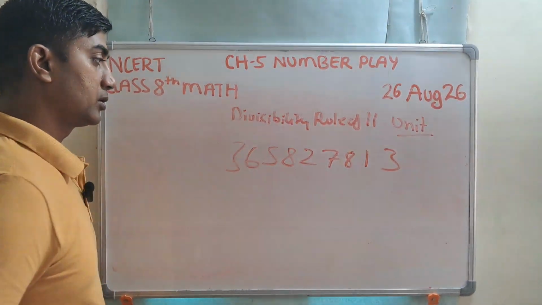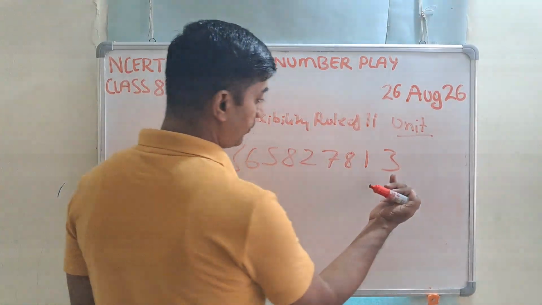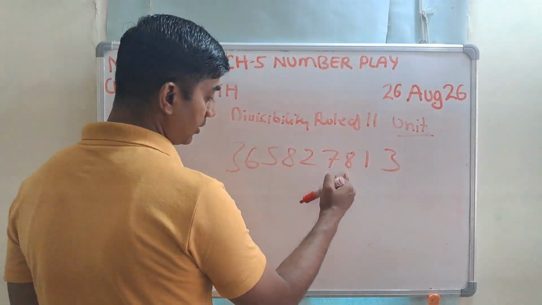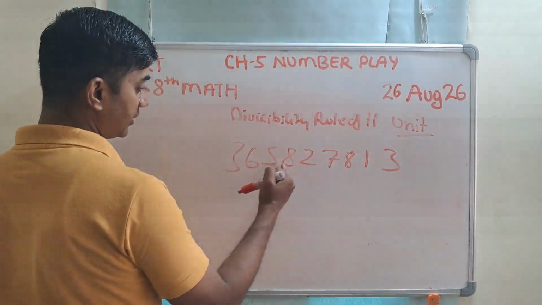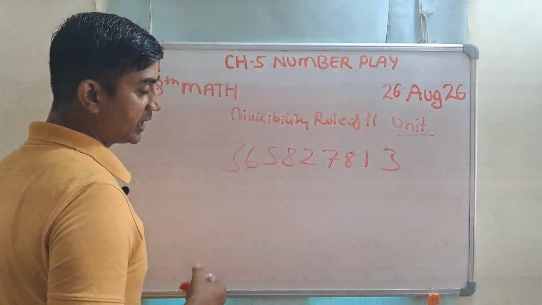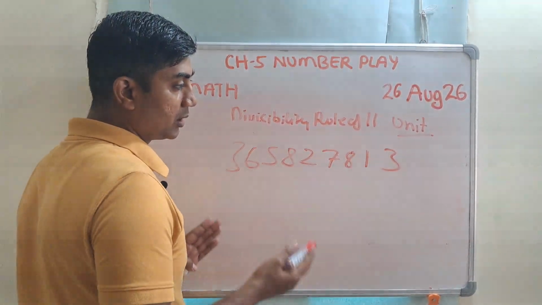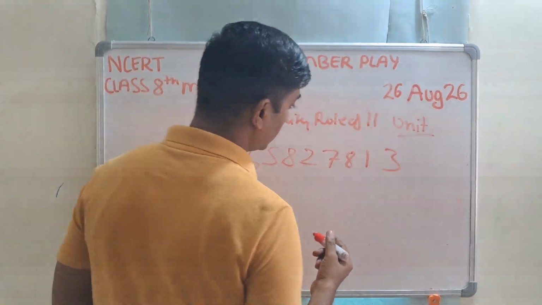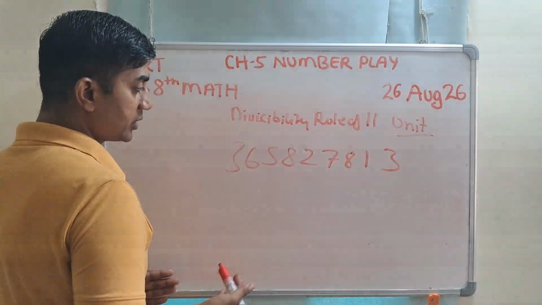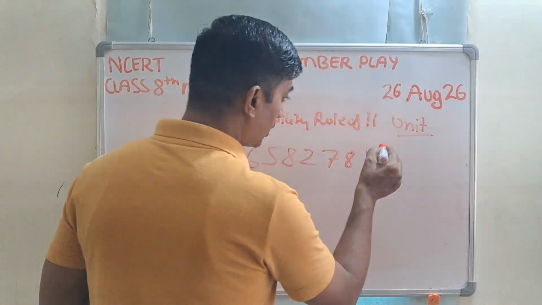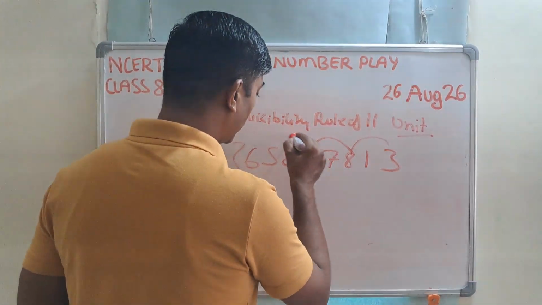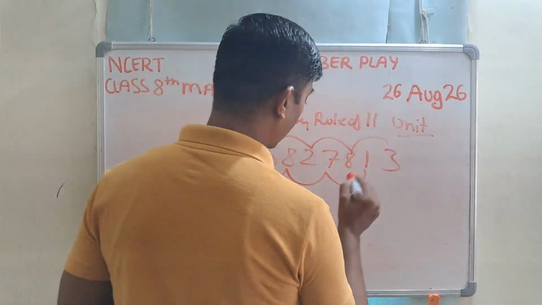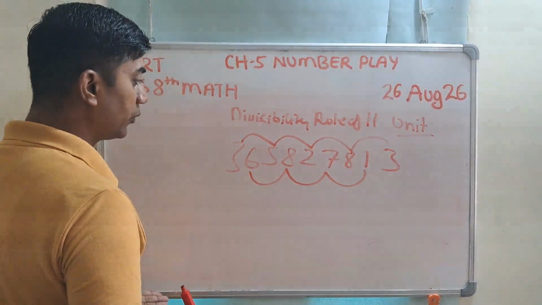We know that we have to add first, then alternately subtract, then add, then subtract, and so on. So if we add all the numbers at alternate places and then do the subtraction, it will be easier. Means you add 8, 2, 5 and 3, and add 6, 7 and 1. Understood? This is what we are actually doing.